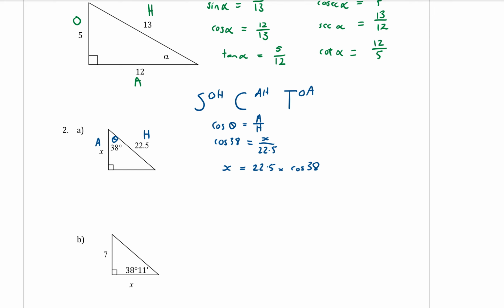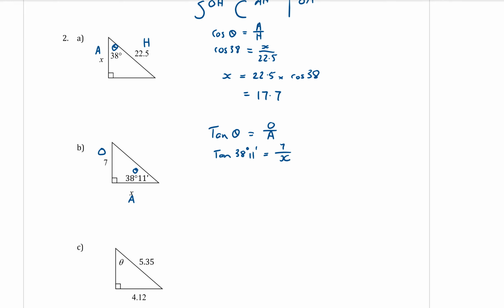Subbing in, my theta is 38 degrees 11 minutes. Opposite is 7, and the x is on the bottom. When the x is on the bottom, what happens? You switch, that's right. The x switches places with the tan 38 degrees 11 minutes.